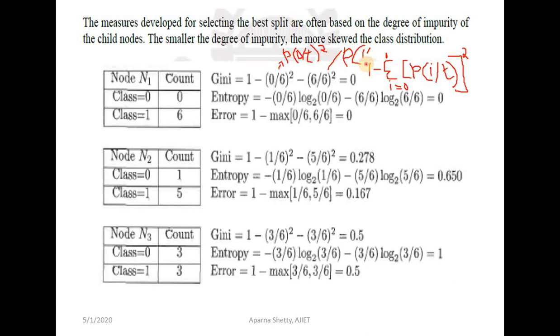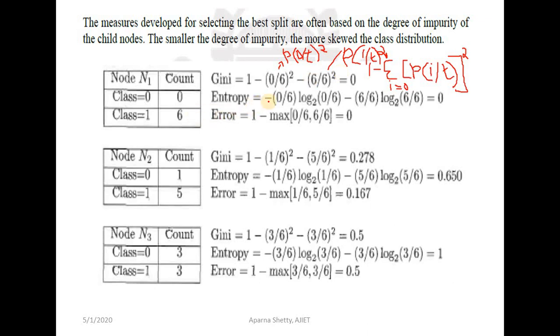So P of 0 given t is 0 out of 6 and P of 1 given t is 6 out of 6. So 1 minus (0 by 6) the whole square minus (6 out of 6) the whole square, which is equal to 0.